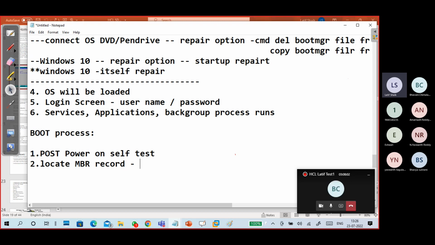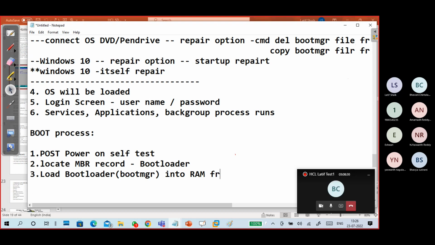Then you can locate the bootloader. Third, load the bootloader, for example boot MGR in Windows, into RAM. We do not have to do it; it will load automatically from the boot device.